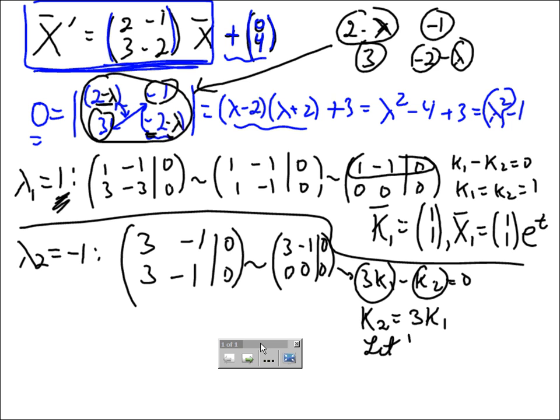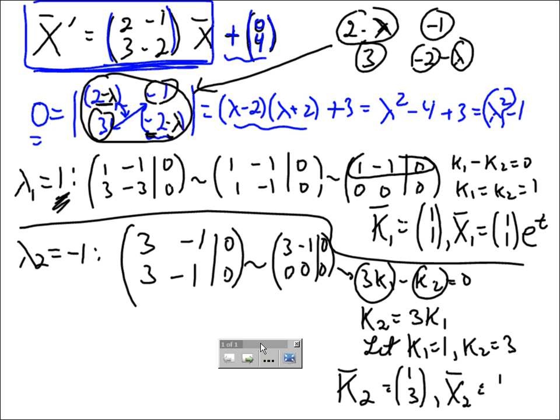Well, how about I let k1 equal 1? Then k2 will be 3 times 1. So vector K2 is little k1, little k2, 1, 3. And then the vector x2 is 1, 3 times e to the negative 1t, or e to the negative t.